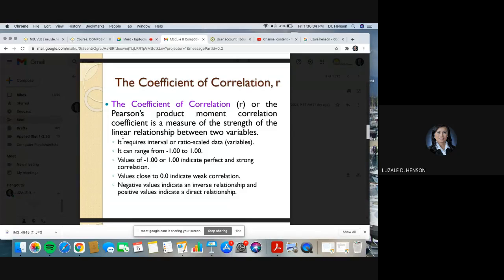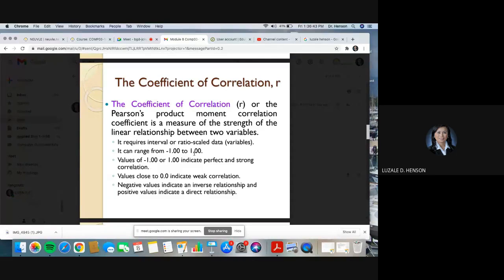If x decreases, there is also a corresponding decrease. We call it linear. The value of r can range from -1 to +1. So there is no value of r like 2 point something or -3 point something. It has to be from -1 to 1 only.